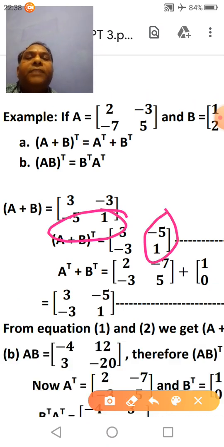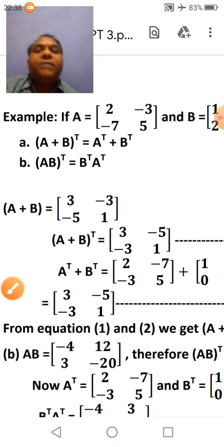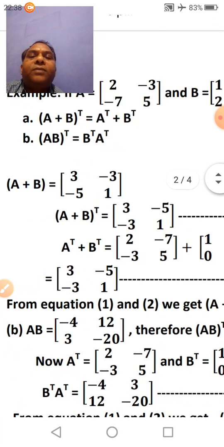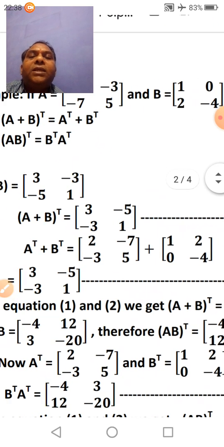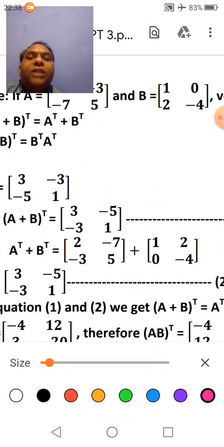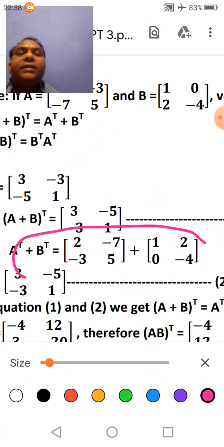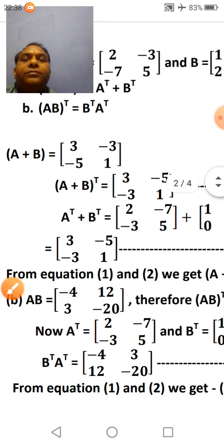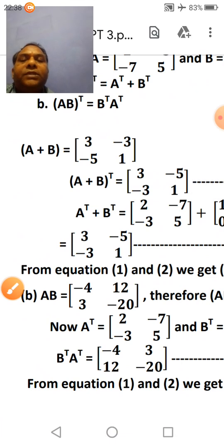Then you can find (A plus B) to the power t. Now A to the power t plus B to the power t, means transpose of A plus transpose of B, will be equal to this one.